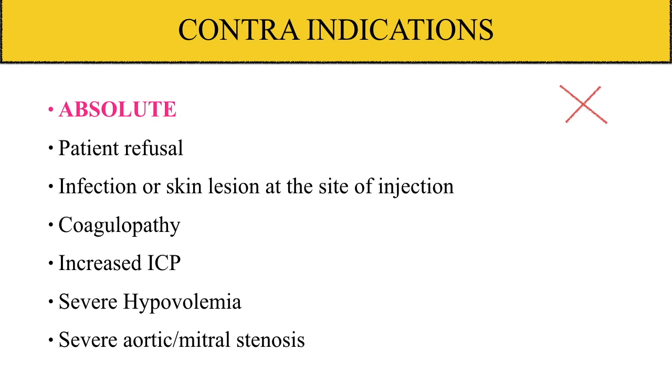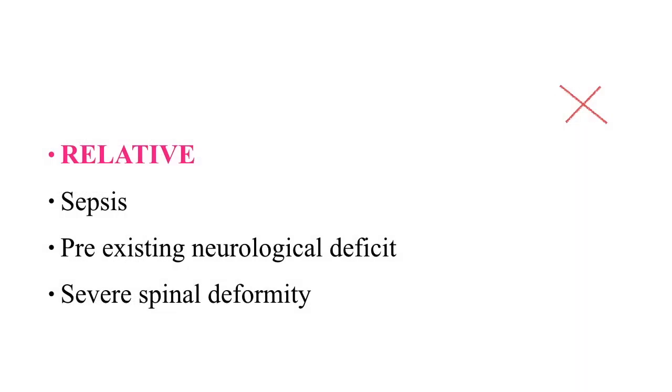Severe aortic and mitral stenosis also need us to avoid spinal anesthesia. Relative contraindications are sepsis, pre-existing neurological deficit, which depends on the degree of the deficit, and severe spinal deformity, depending on what degree of deformity the patient has. Based on that we can say whether it is indicated or not.